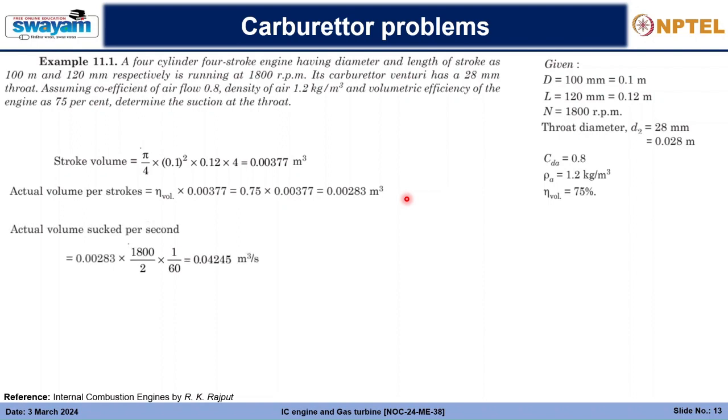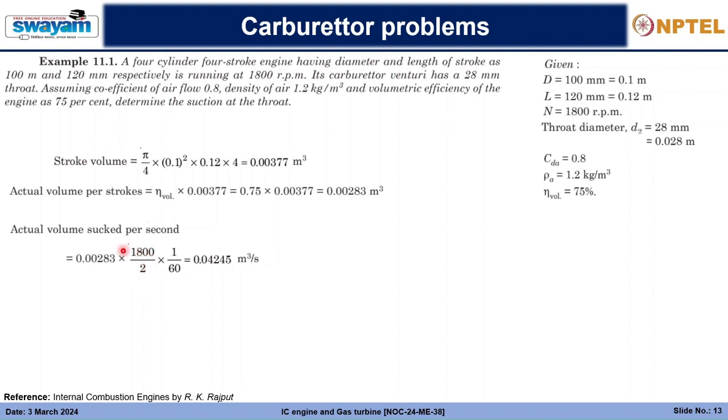Then actual volume sucked per second. For a four stroke engine, we will have to divide by 2, because for every 2 revolutions there will be one suction stroke.